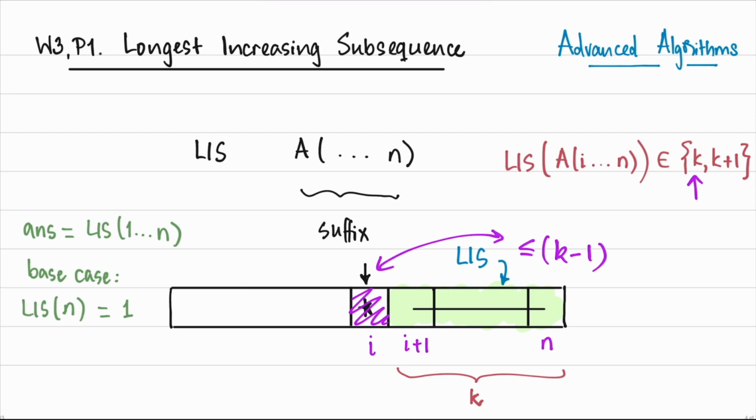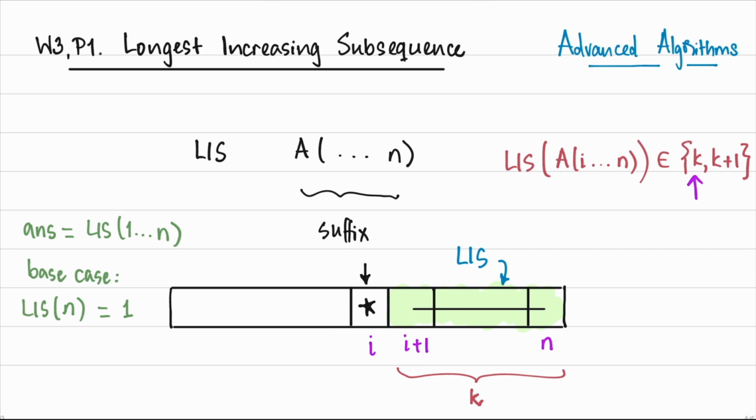So if you want to upgrade to level k plus 1, the only way you can do it is if you have a longest increasing subsequence in the shorter array which is compatible for expansion with the new element, okay? But notice that what did we decide to store in our DP table? We basically said that give us the length of a longest increasing subsequence from the smaller subarrays. We only asked for the length.